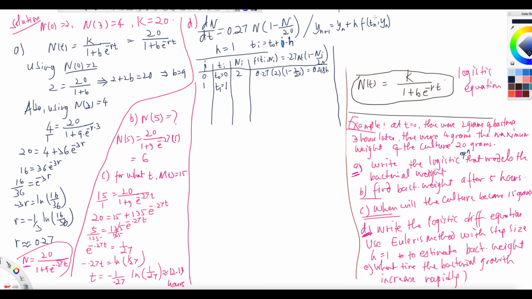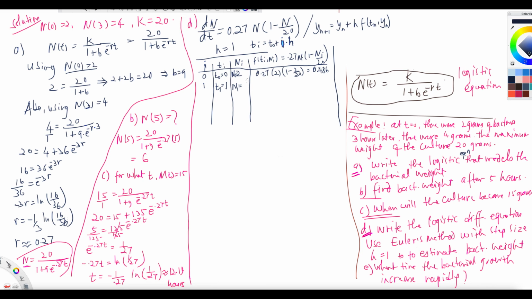That's what the formula is, right? Because there was x and y, but here it is t and y. Or you can write n, no problem, it's the same, just the generic formula, right? So n1 will be, you just replace n by 0. Y1 is the same as n1, right?